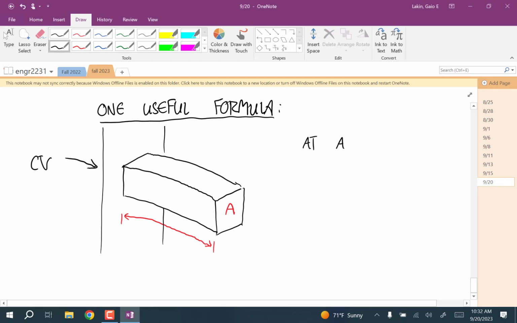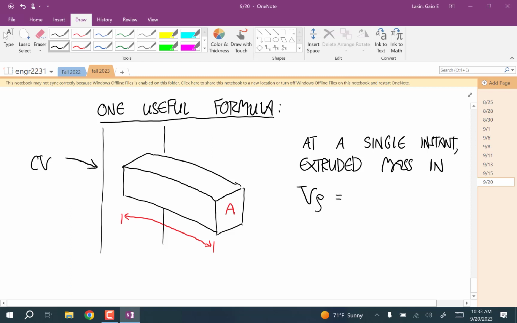At a single instant, what's the mass of this piece that's being extruded here? So the extruded mass is the volume times the density, right?